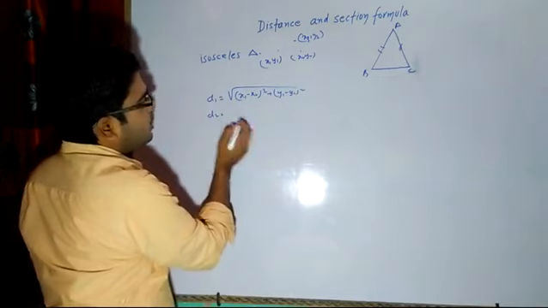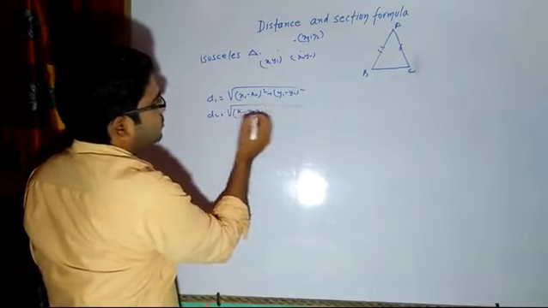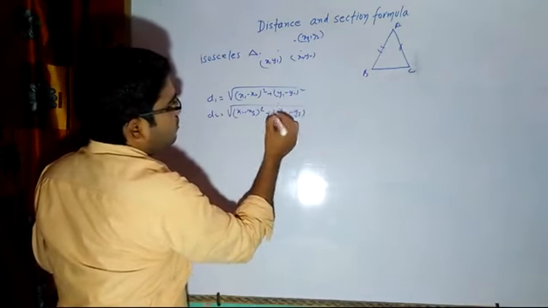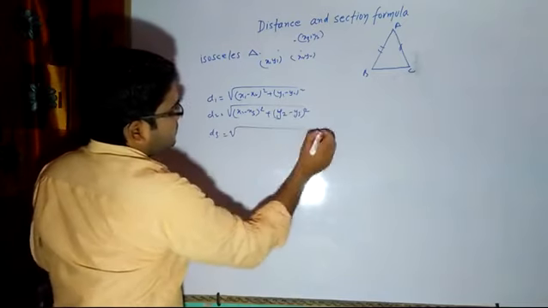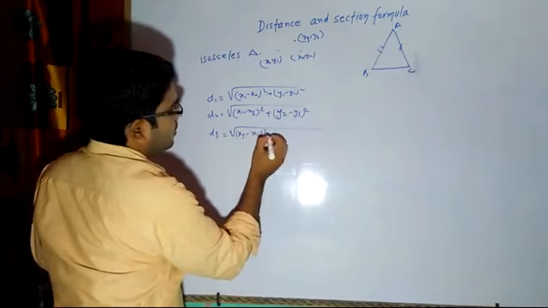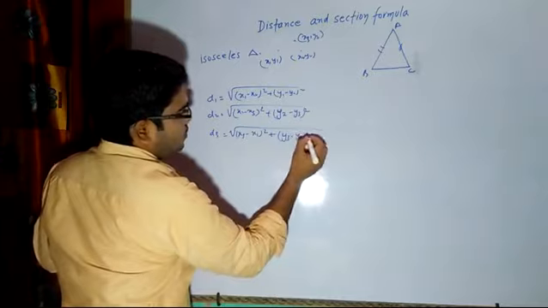Then distance d2 is the square root of (x2 minus x3) whole square plus (y2 minus y3) whole square. Distance d3 can be calculated as the square root of (x3 minus x1) whole square plus (y3 minus y1) whole square.